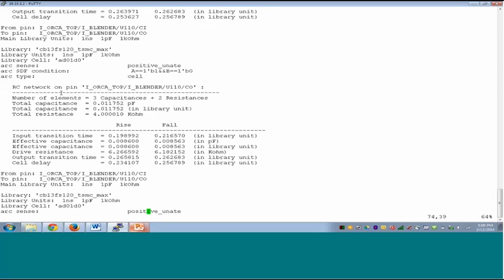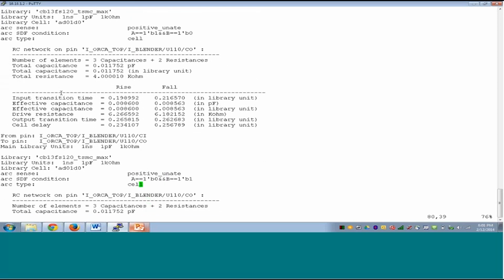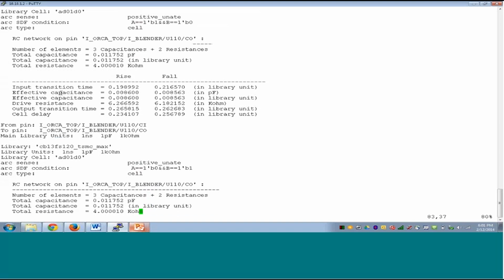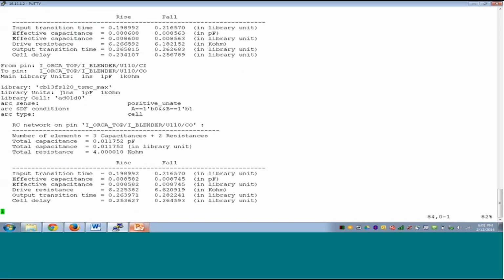So it will give us for all the conditions. This is the condition A0 and B1. So for whatever data is defined in the library .lib, using that data, there can be conditional data also, timing type depending on the when condition; on some input conditions you can define the delay. For all such conditions it will output the delay calculation.